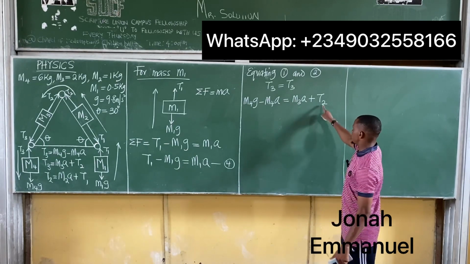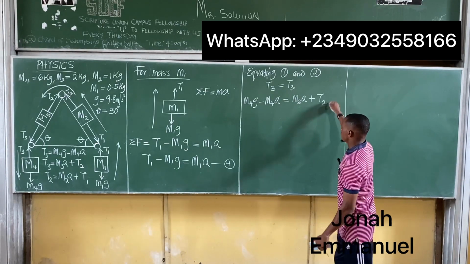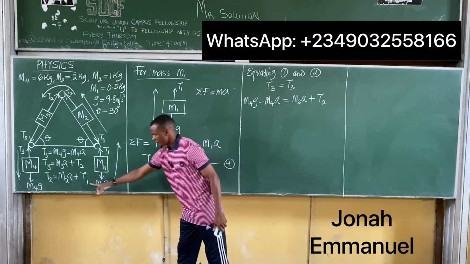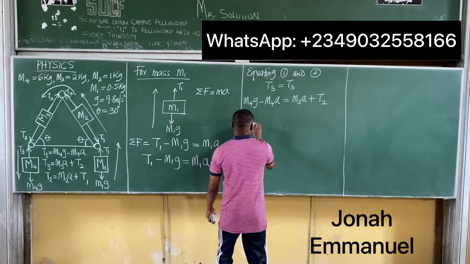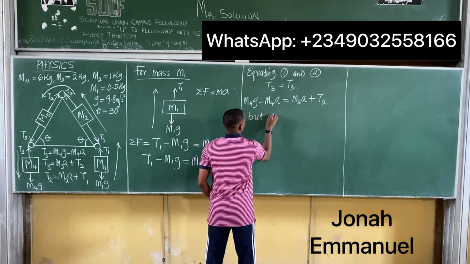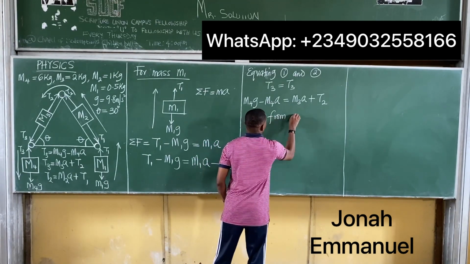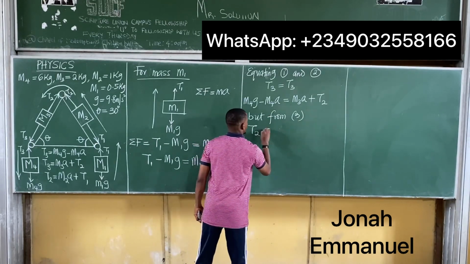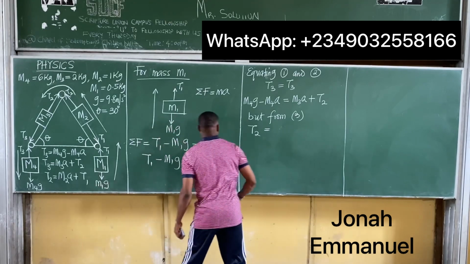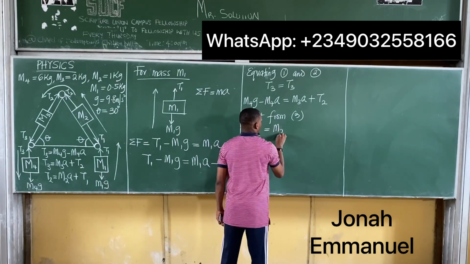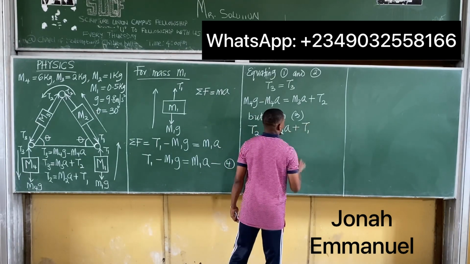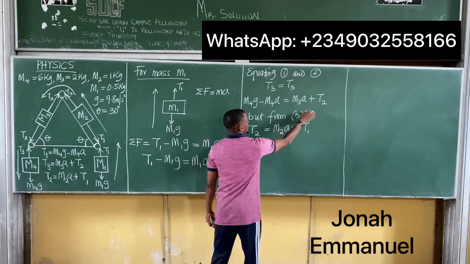Next up, we are seeing T2 here. Let's try to replace T2 by masses. If I look at equation 3, from equation 3, we have that T2 is equal to M2A plus T1. I'll replace this value here.